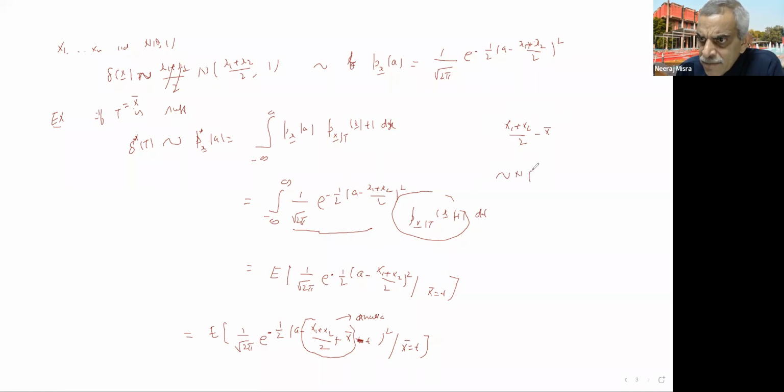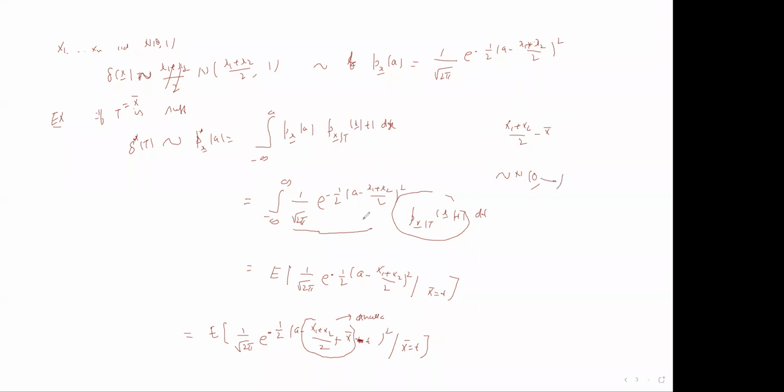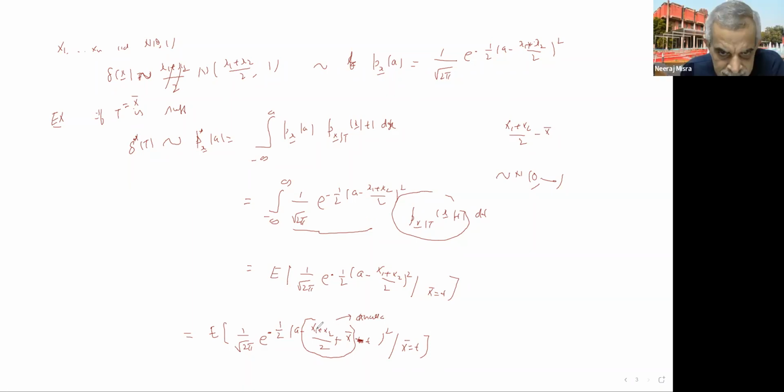What would be its mean? Theta plus theta by 2 is theta, and x bar anyway has theta, so 0. And the variance would be a linear combination of variances, which is known, right? Is that clear? Sir, that should be x1 plus x2 by 2 minus x bar. Doesn't matter. Minus is there, so I take the minus and put everything inside the bracket.